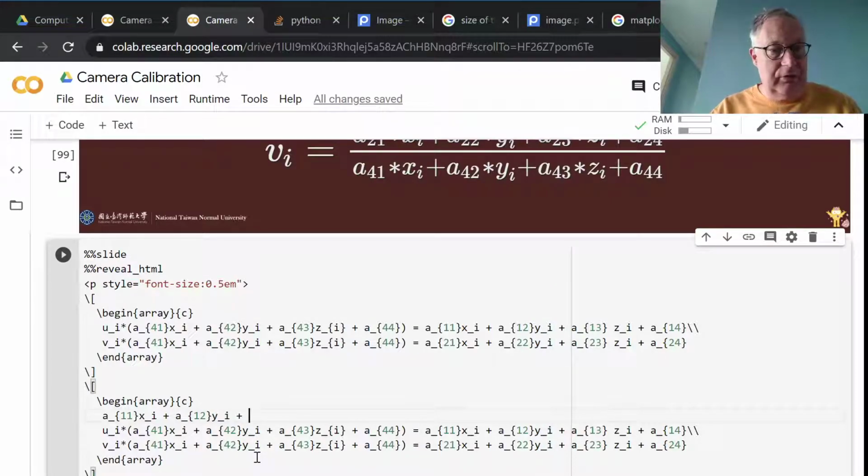So for the first equation, I get this line, A11xi, A12yi, A13zi plus A14. Now I need to bring over the other coordinates. Now the second row doesn't matter, right?